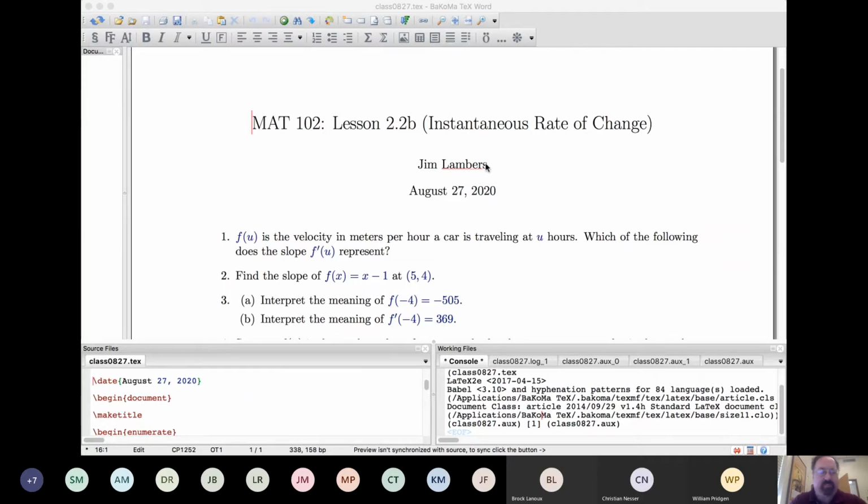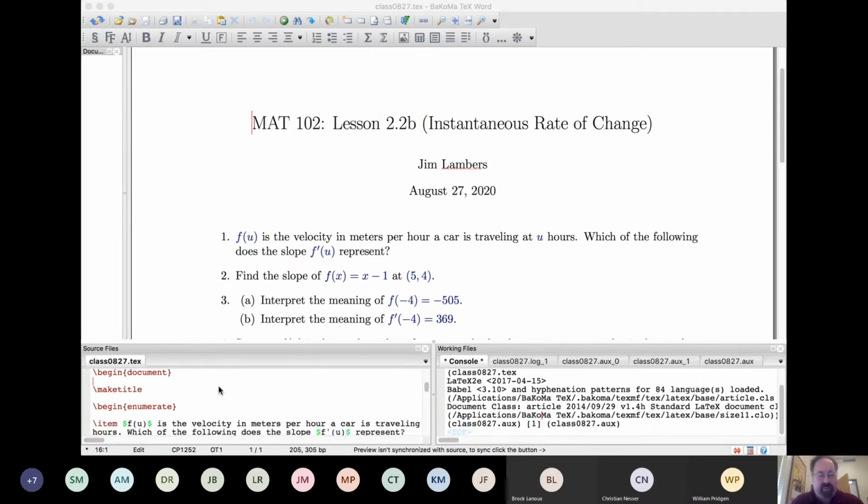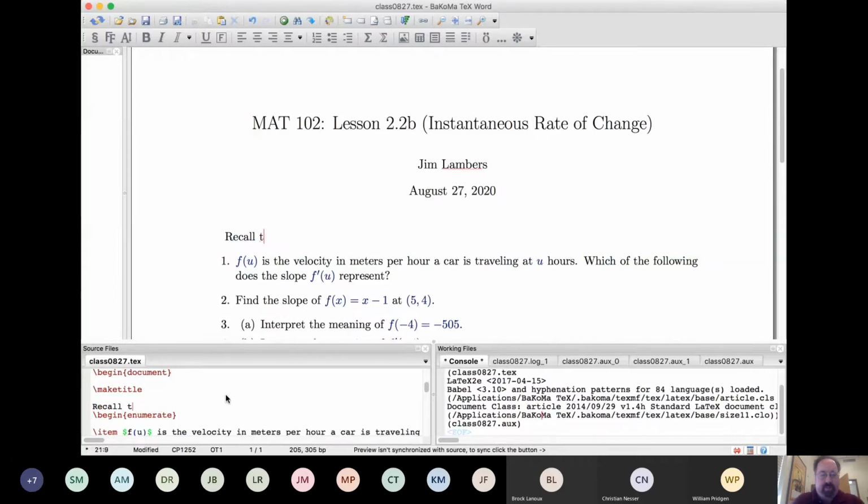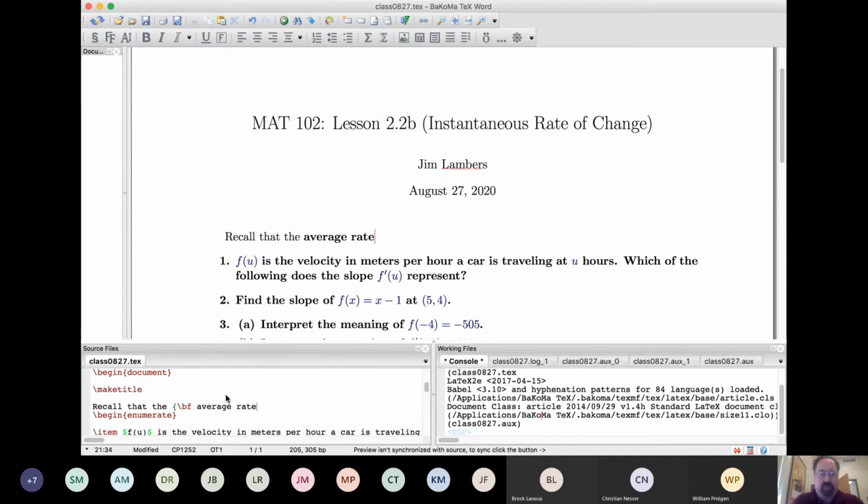Now, instantaneous rate of change evolves from a concept that you saw in the last lesson, 2.2a, and that is average rate of change. So I'm going to bring that back. Average rate of change.